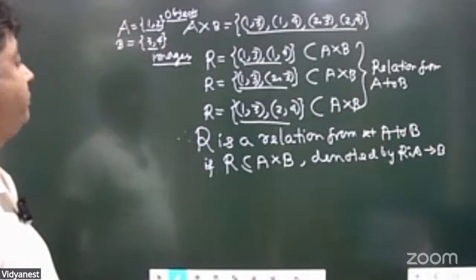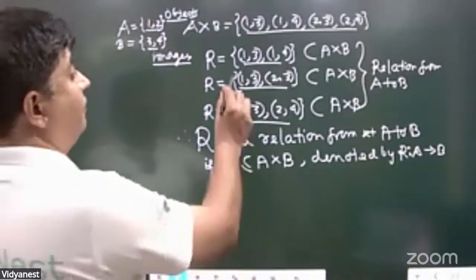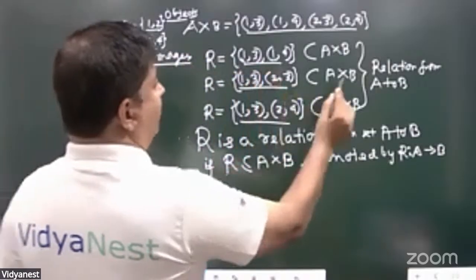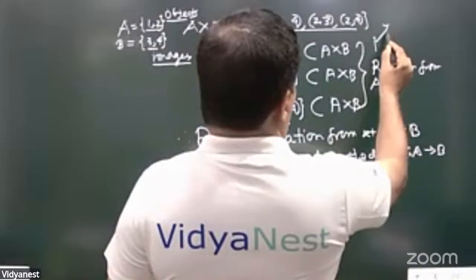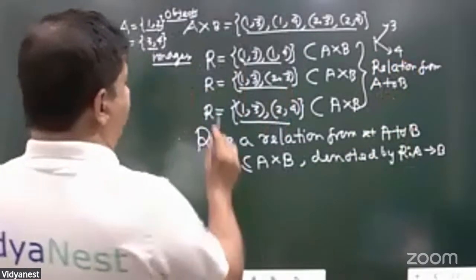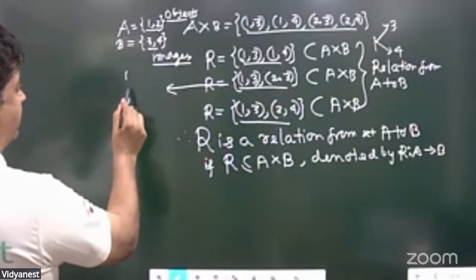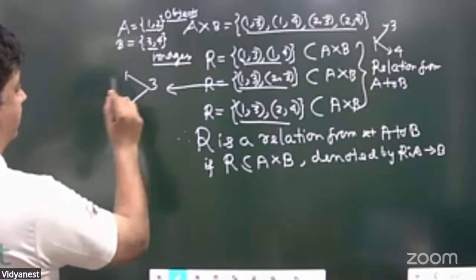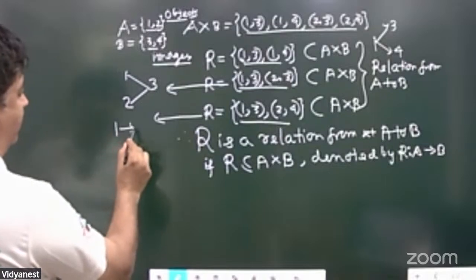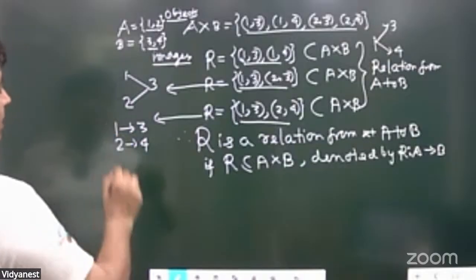Now, you observe three relations. In the first relation, one object, two images: 1 goes to 3 and 4 as well. In the second relation, two objects, one image. And in the third relation, distinct object, distinct image.